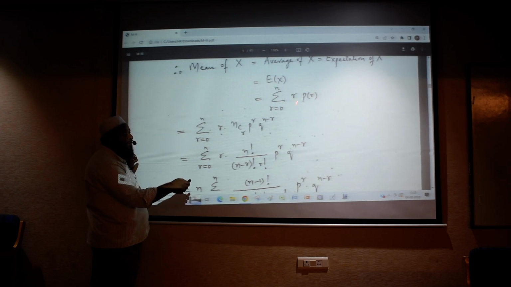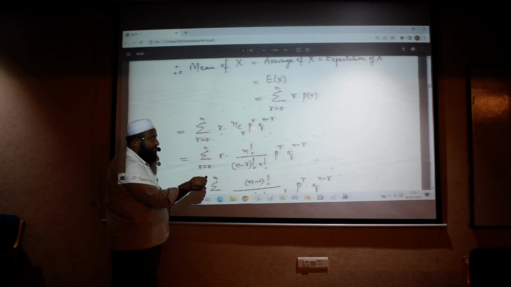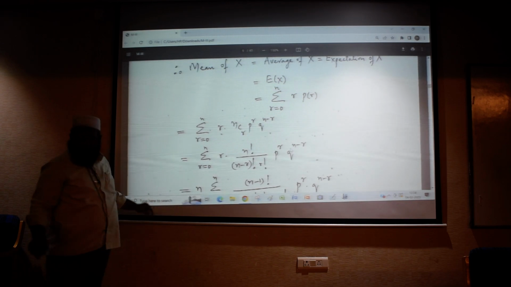What is the probability function? nCr, p power r, q power n minus r. Very good. Now this is as it is, and r I have written as it is. This nCr formula is n factorial by n minus r factorial into r factorial, into this one as it is. I did not change anything. Just I have replaced the value of nCr here.